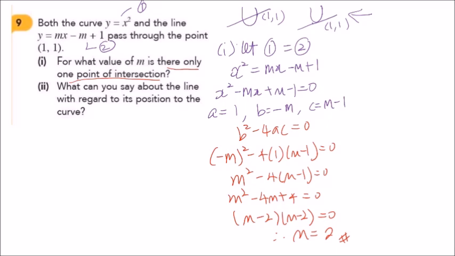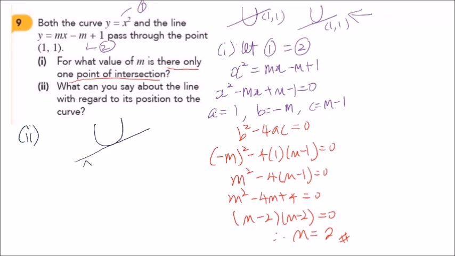So for part 2, what can you say about the line with regard to its position to the curve? What they're trying to say is there's only one point of intersection. So what can you say about this line?